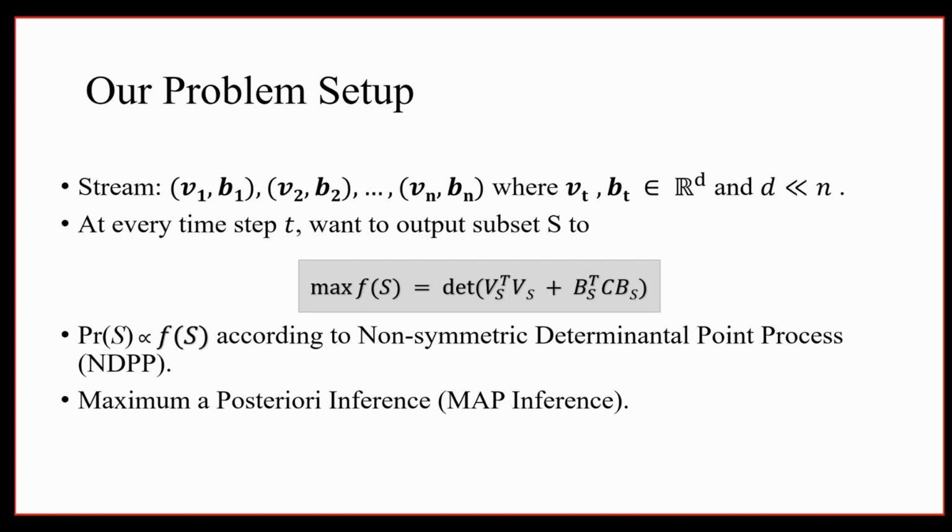These v_i's are d-dimensional, and similarly you have the b_i's. And this C is a d cross d matrix, and d, which we assume is much smaller than n, so you're allowed to just store this d cross d matrix in memory.